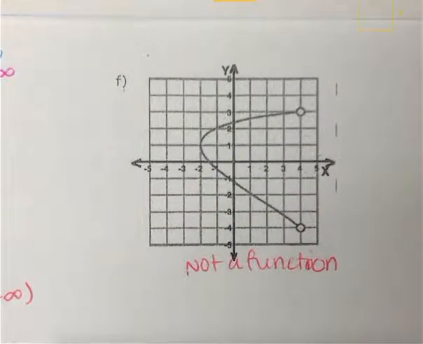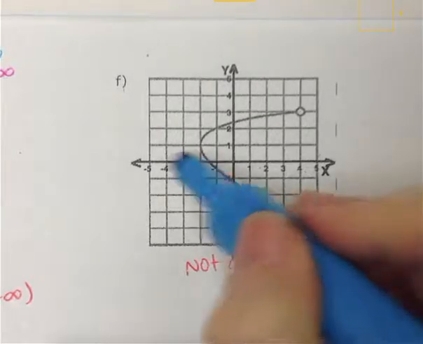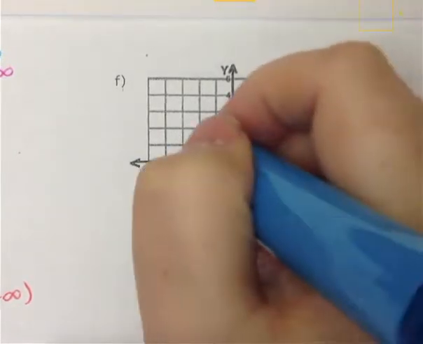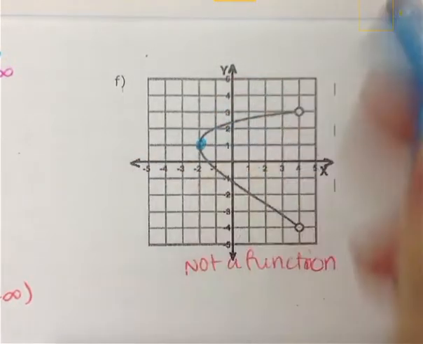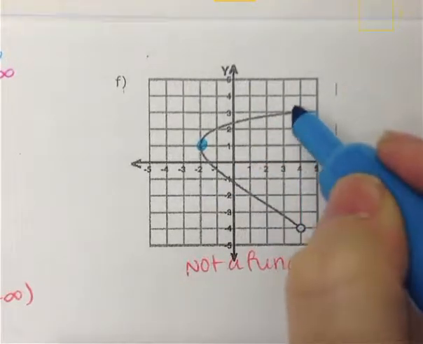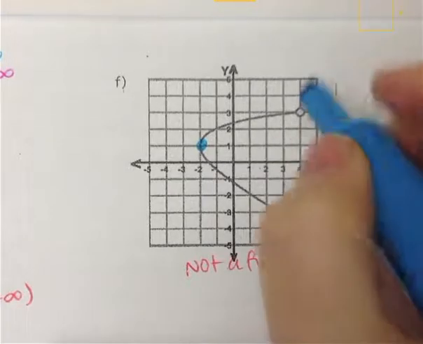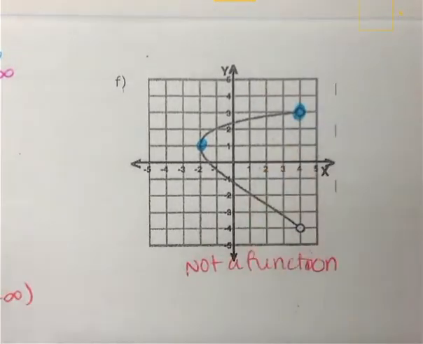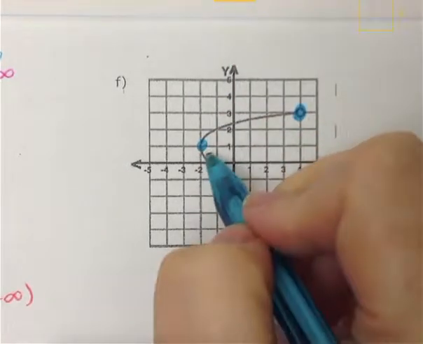So our domain, our farthest point on the left is this point right here. And if we go to the right-hand side, we have 2 points here. So I could circle either one of these or highlight either one of those because they're both open. The farthest point to the left, the x value, is that -2.